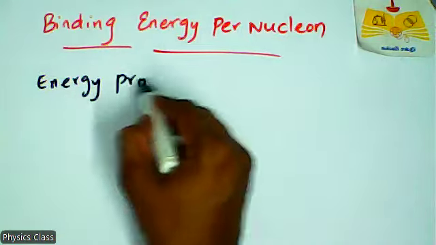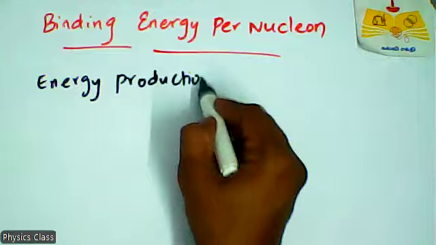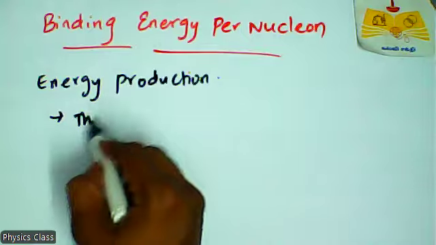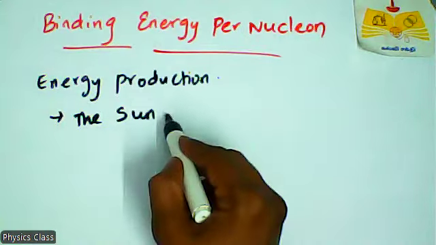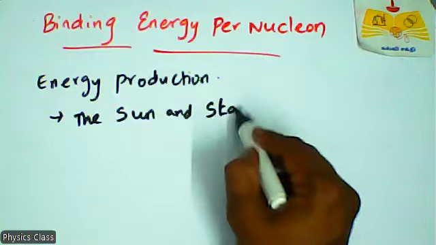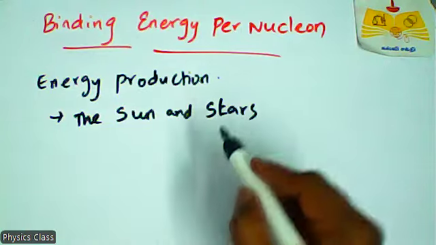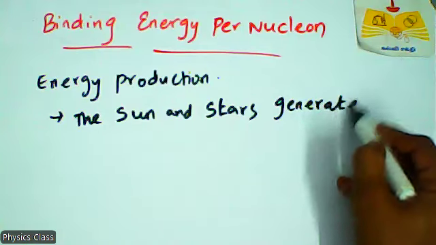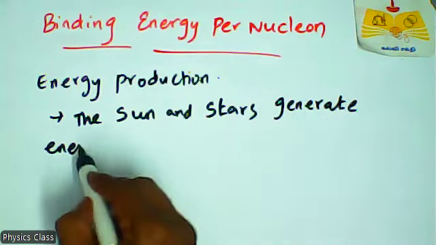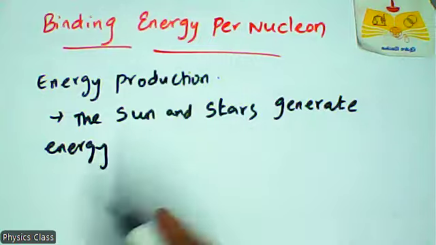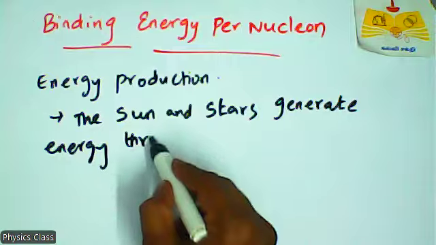Energy production. The sun and stars generate energy. Already you know that the sun and stars generate energy through fusion.